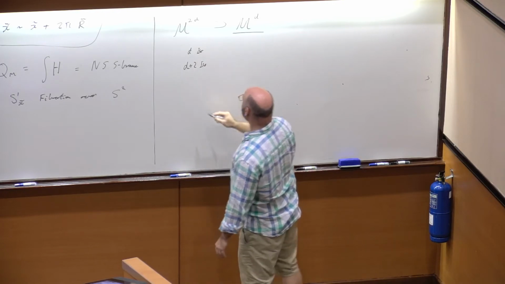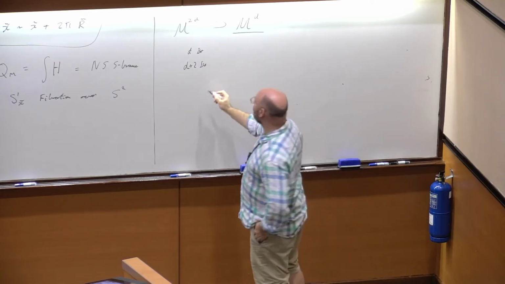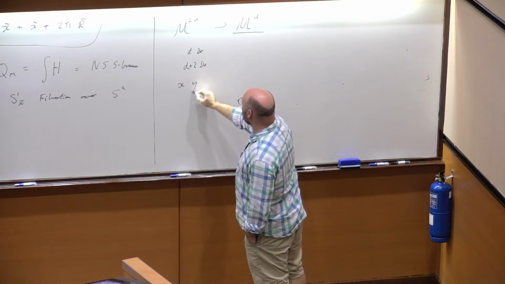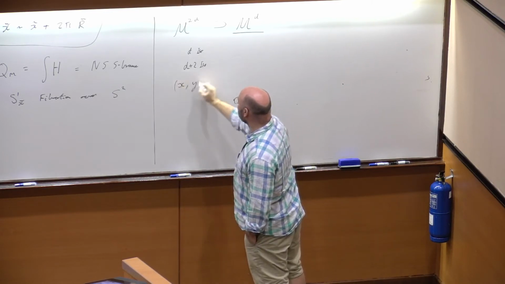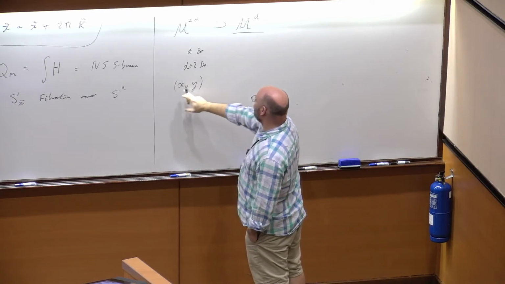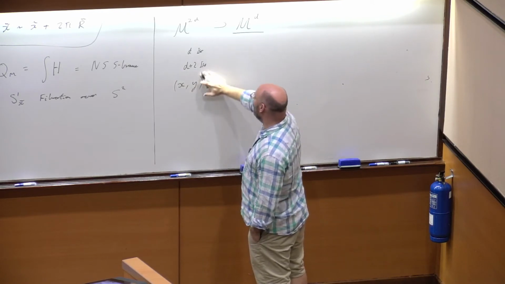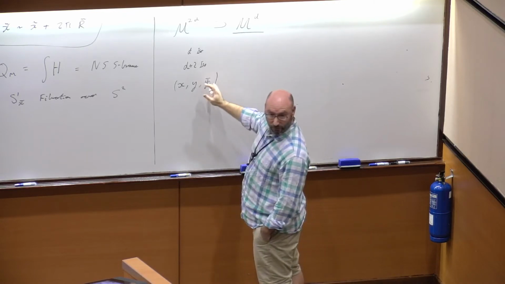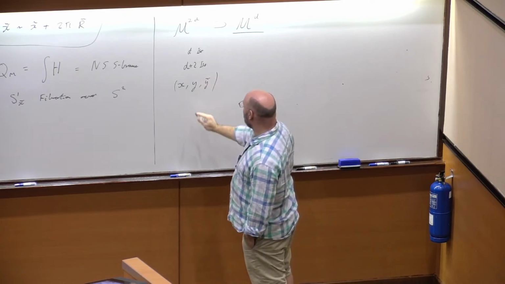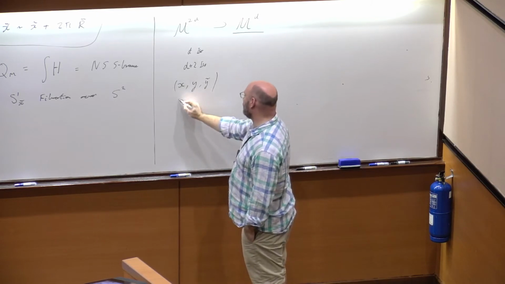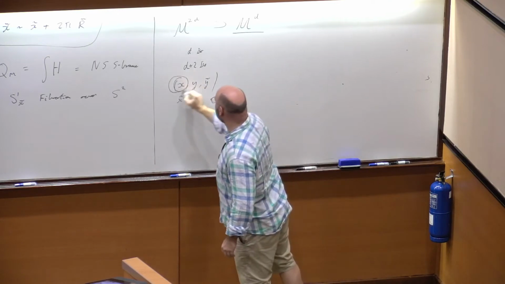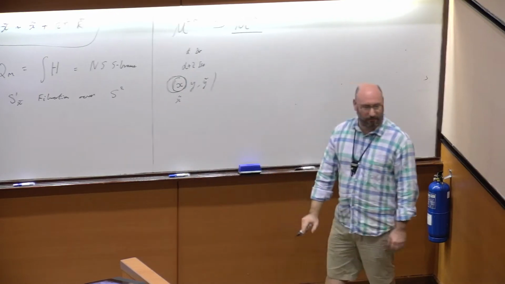So let's just put some coordinates, just so I can write some things down, where I would have an x and a y in the usual space, and things depend on x, but they don't depend on y, and they don't depend on y tilde, which is the dual, and they don't depend on x tilde. Okay? But they do depend on x.